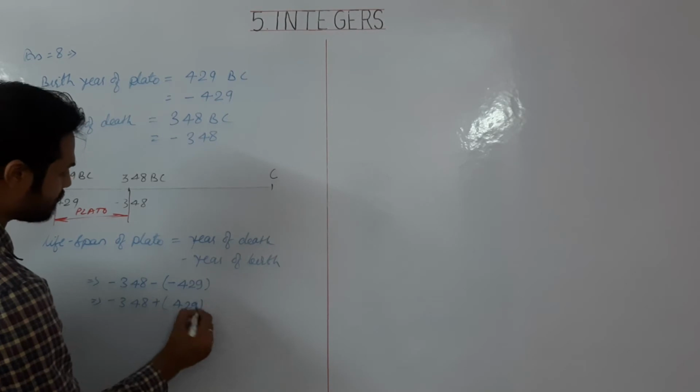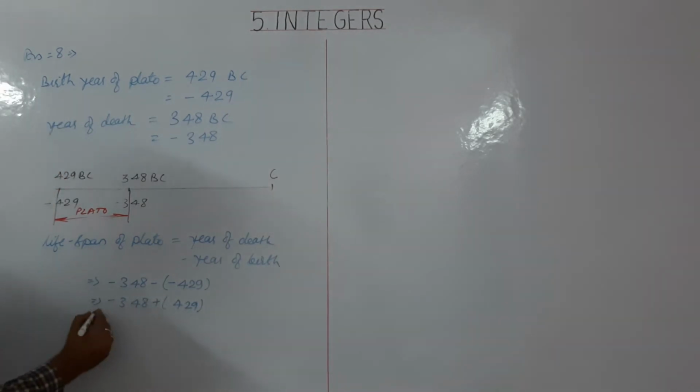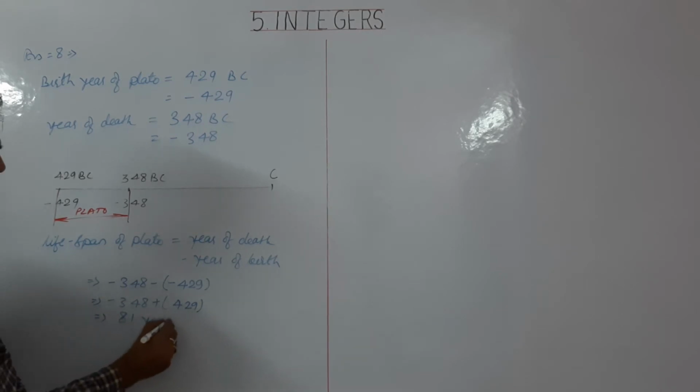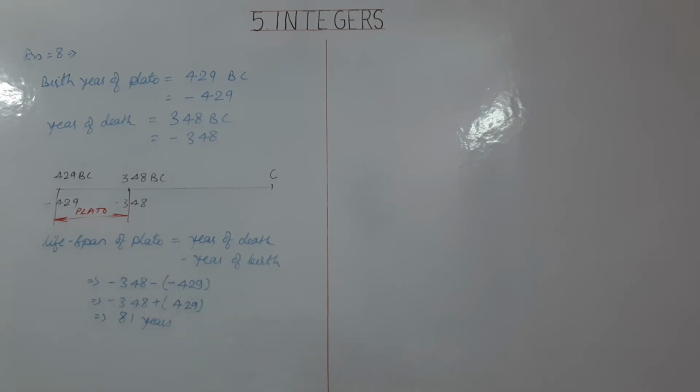So 429 minus 348 is 81. Yes, 81 years. So 81 years is the lifespan of Plato. How long did he live? For 81 years. This is my final answer.